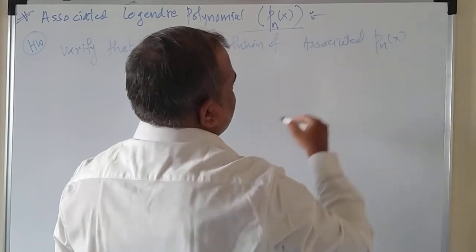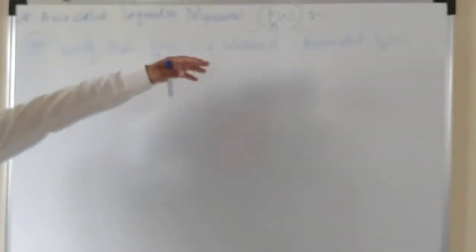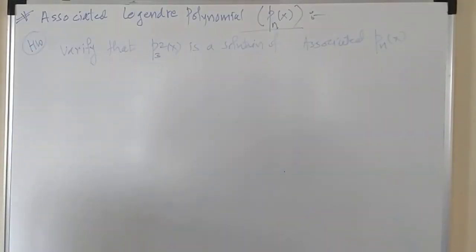You have to verify P32 of x is the solution. That means you should consider the associated Legendre differential equation, calculate the value of P32 of x, put whatever value you get into that equation and show that the right hand side equals the left hand side. Of course both sides will be equal to 0, because the right hand side is equal to 0, and on the left hand side you should get 0. If this is done, that means you have verified this.